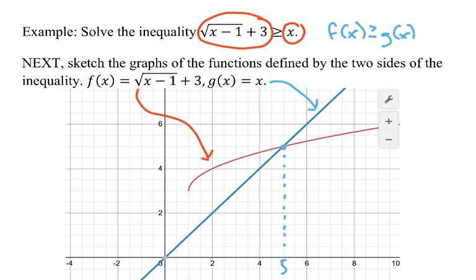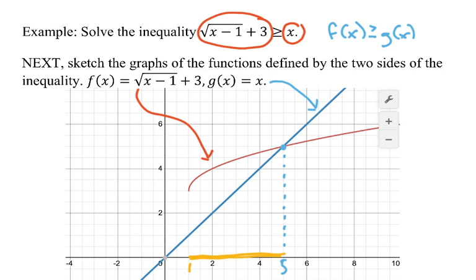If you notice, the red graph, its domain begins at 1, so I am only even defining the red graph beginning at 1, but for an entire interval of numbers between x equal 1 and x equal 5, the graph on the left, that's the square root of x minus 1 plus 3, is above or greater than the function on the right, g of x equal x.